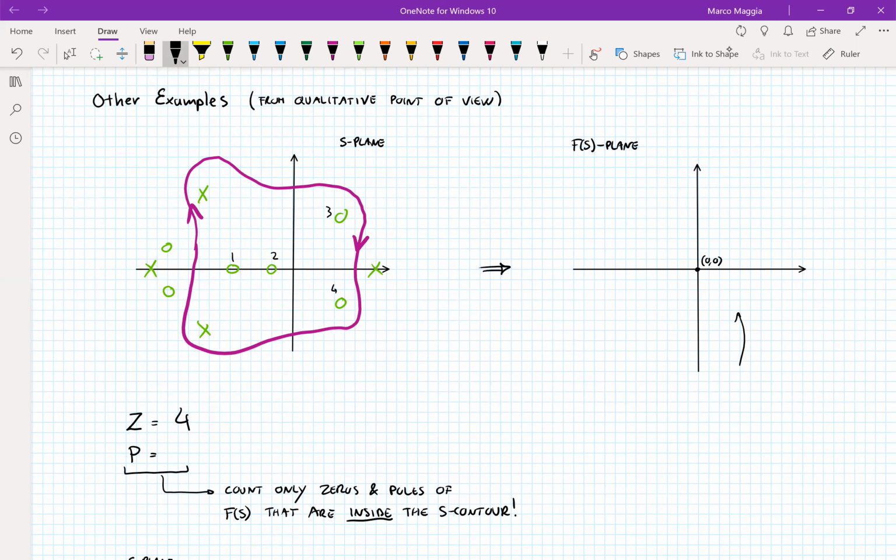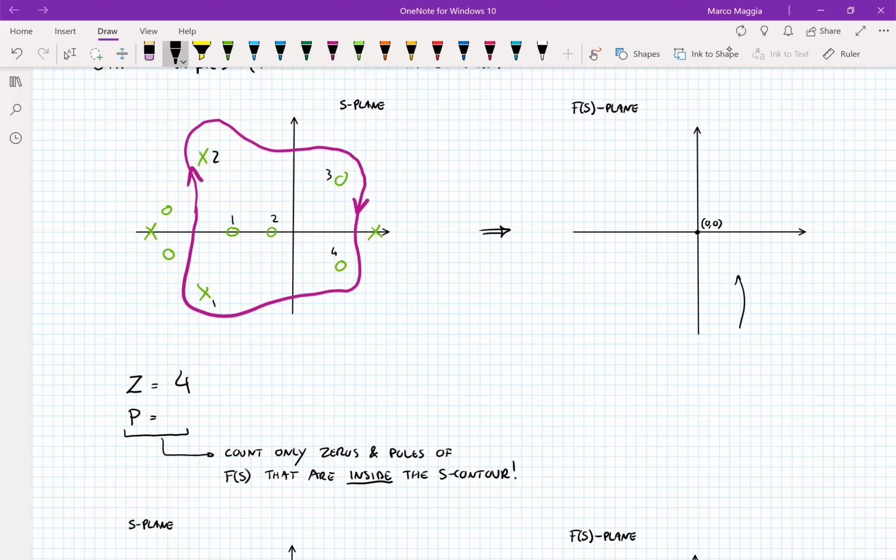What about P? How many poles are within the contour? 1 and 2. So P is equal to 2. Therefore, according to the Cauchy's theorem, the encirclements of the origin of the f of s plane is equal to Z minus P, which is 4 minus 2 equals 2, which is greater than 0.